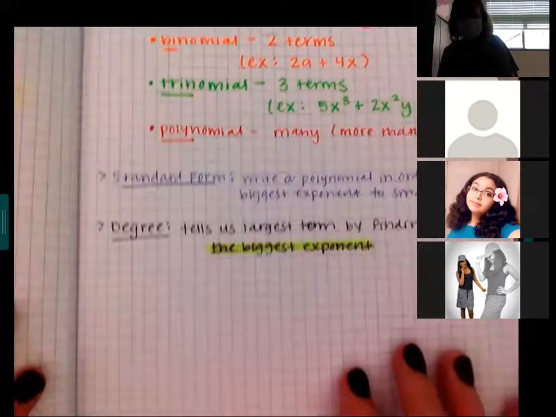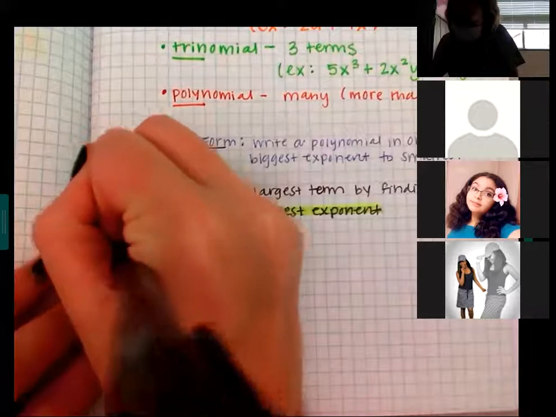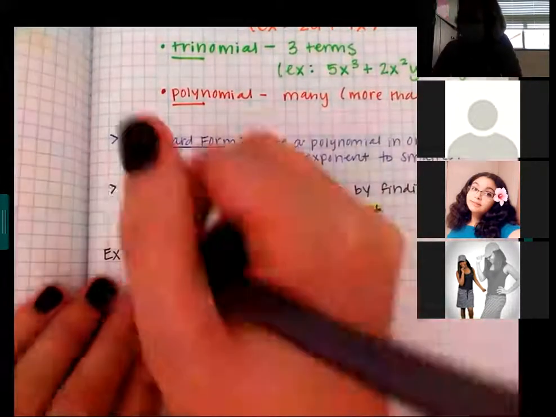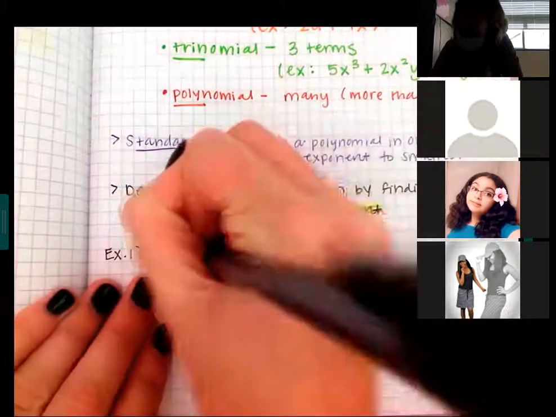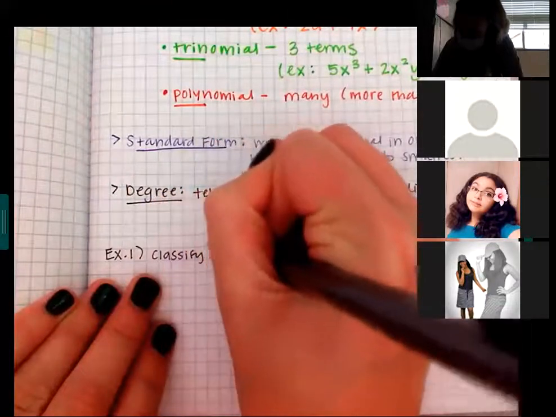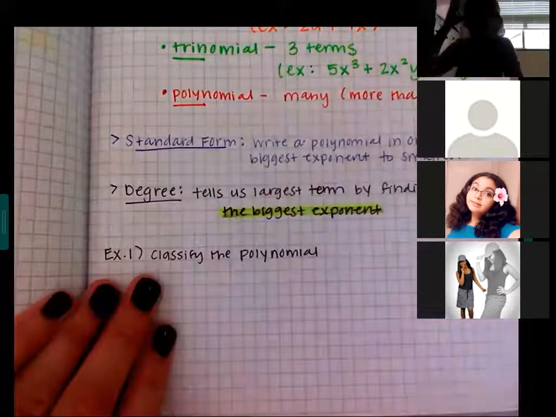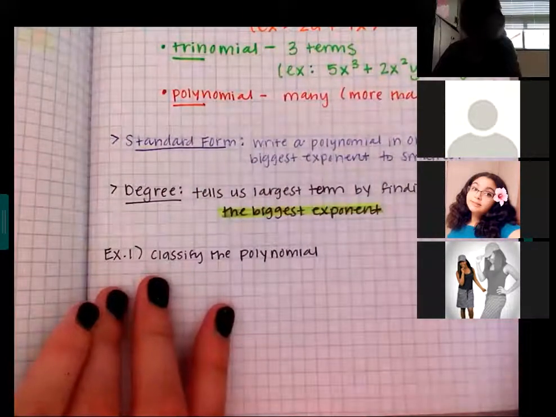All right, I'm gonna shift this up. So for these examples, for example 1, oh yeah, these don't take long. Example 1, you're gonna classify the polynomial, which means name it, okay? You don't have to write the directions, Jordan, if you don't want.